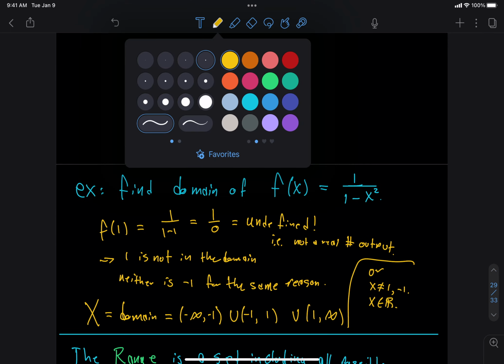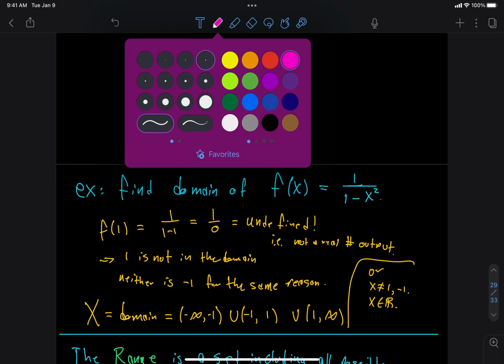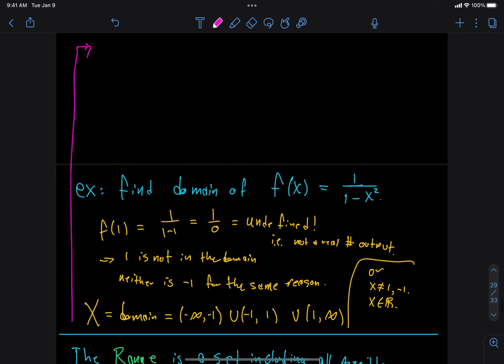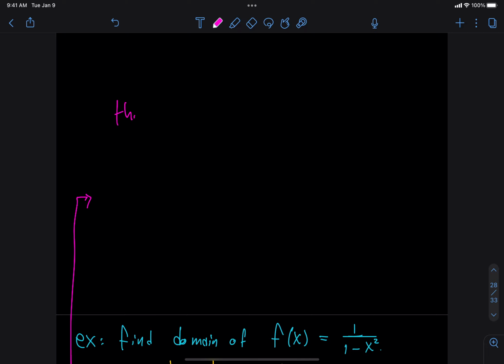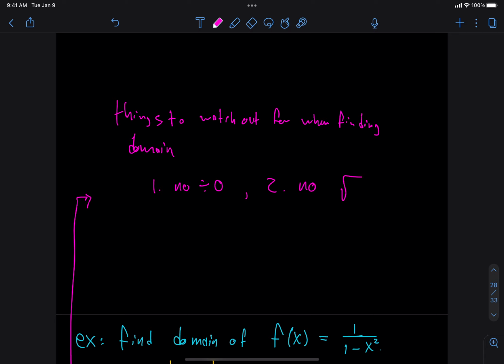So I want to tell you the things that you need to watch out for when finding domain. First, no dividing by 0. Second, no square roots of negative numbers.